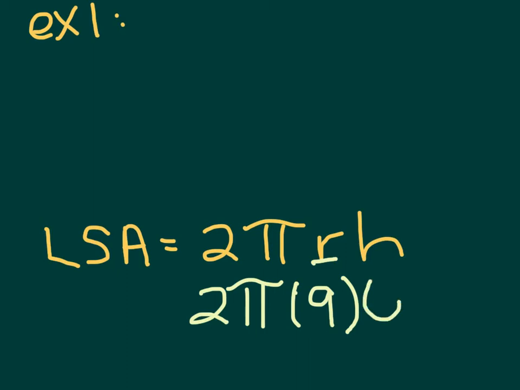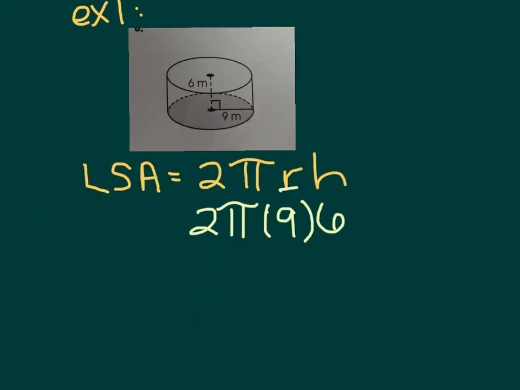And that is 6. Now there's a special way I want you to write your answers. If we put pi in our calculator, it's going to end up where we have to round and we'll have this decimal. I want an exact answer. So what we're going to do, we will actually multiply the numbers that are not pi.